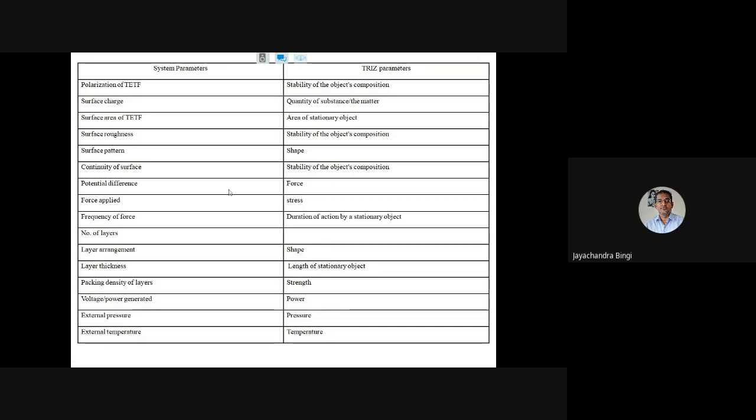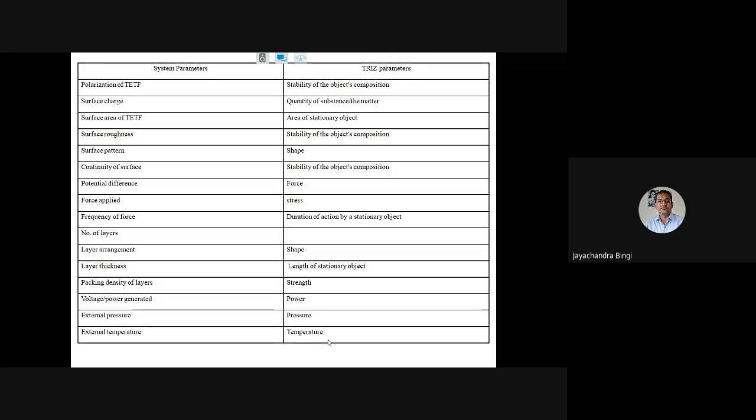Now, keeping the potential difference as the improving parameter, you test all other parameters as worsening parameters. Now you have to go to the matrix called the Altshuller contradiction matrix. That is the next step.